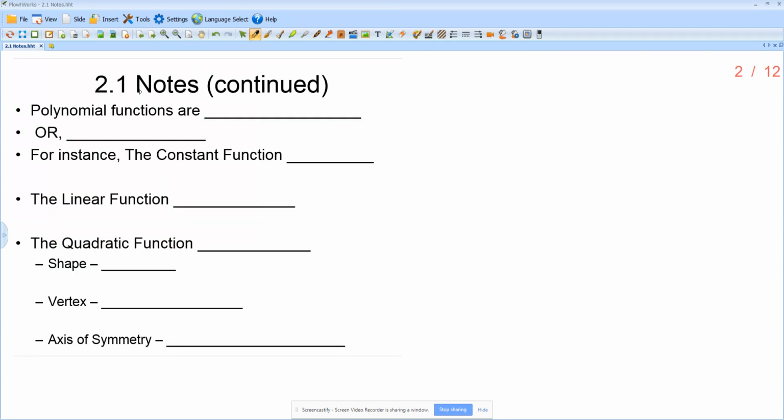So polynomial functions are classified by degree. And when we're talking about the degree, what we're talking about is the highest power of x.